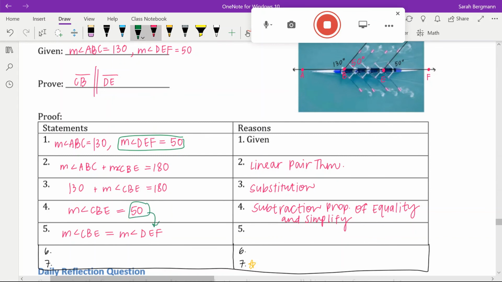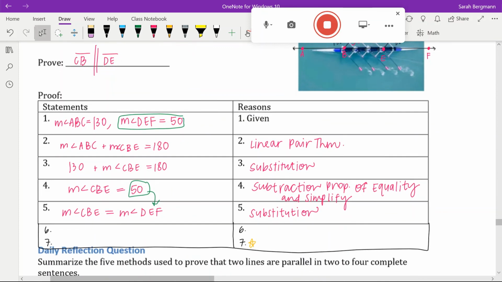That's called substitution. Now, in order to use one of the theorems from above, it says that the angles have to be congruent. So I'm going to say angle CBE is congruent to angle DEF by the definition of congruent angles.